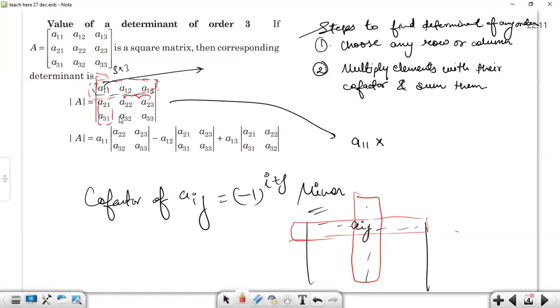Now we'll find out the determinant of the remaining, which is this. This is the minor, and also to make its cofactor, we'll have to multiply with minus 1 raised to power 1 plus 1 into the minor, which is this.